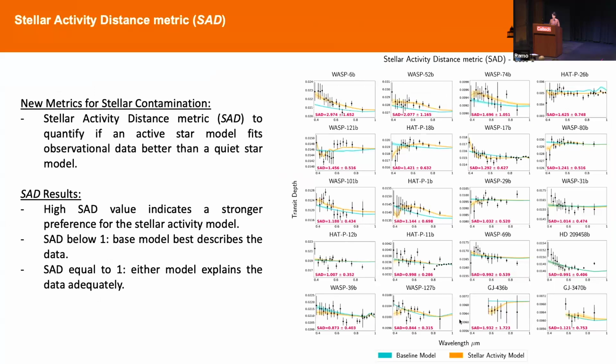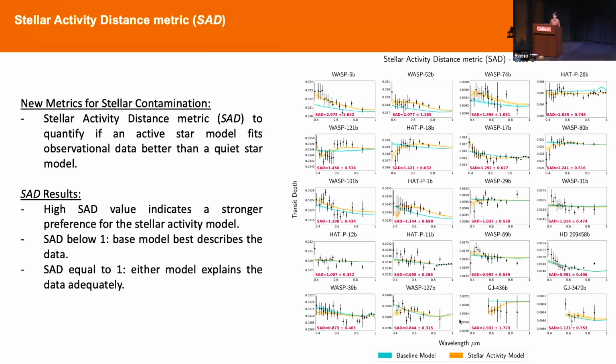For this metric, we only considered the data points shorter than 1 micron, and this is because, again, the stellar activity imprints most of its signatures in the optical regime. The way the stellar activity distance metric is defined is such that if we get a value higher than 1, this means that the stellar activity contamination model fits the data better, so the data prefers this model.